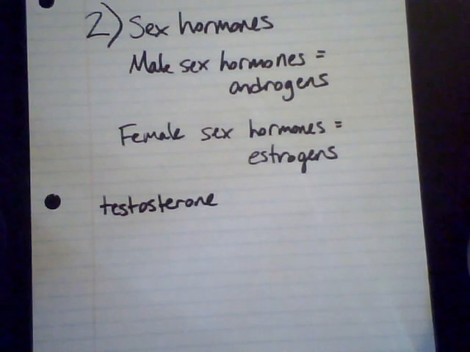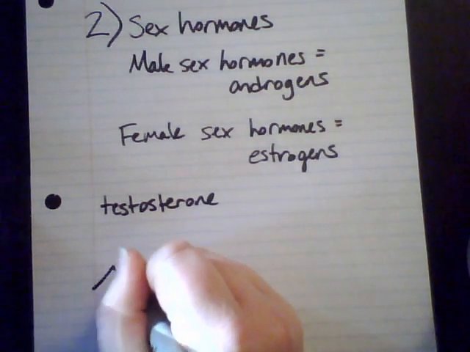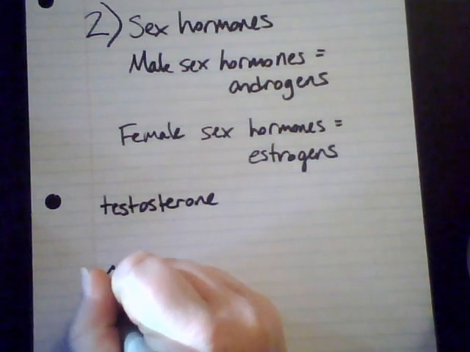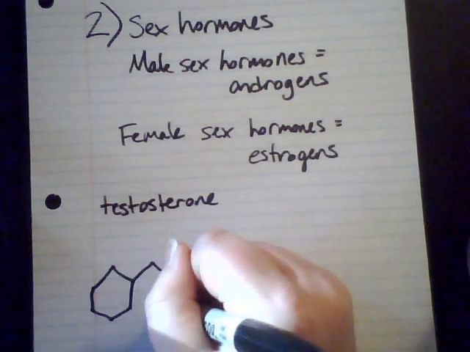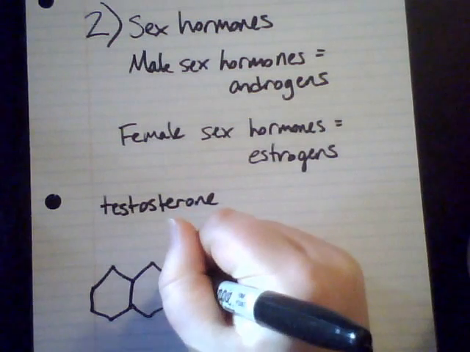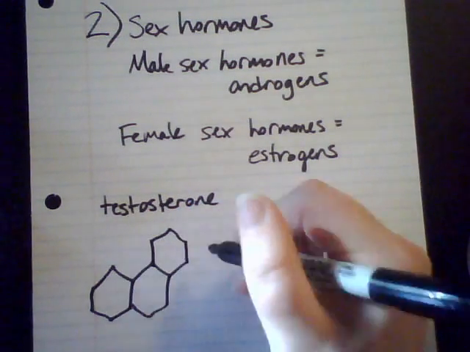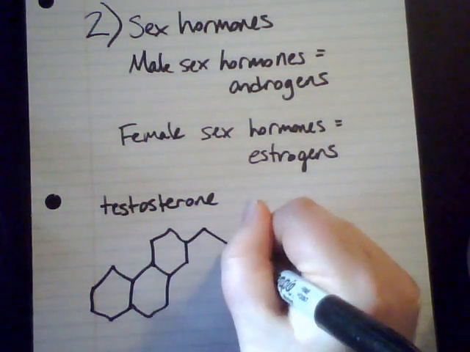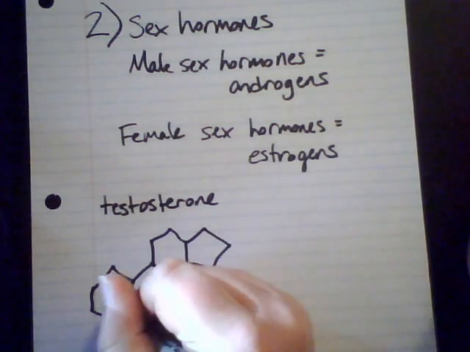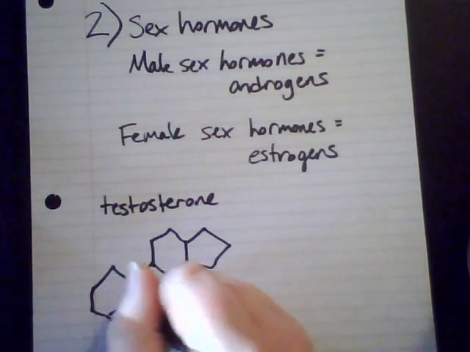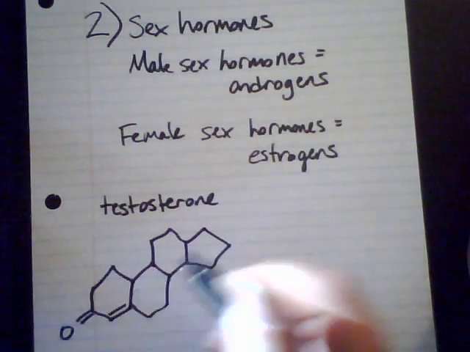Testosterone is a male sex hormone, so it's an androgen, and it looks like this. There's our 4-ring fused structure. And then we have a little bit of this and a little bit of this.